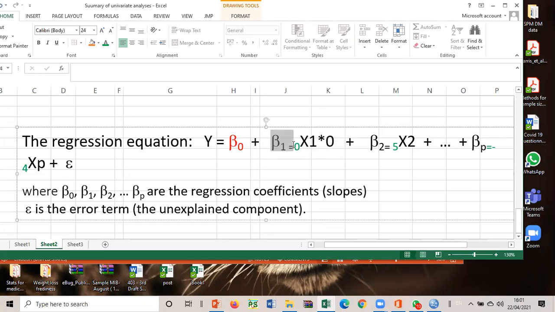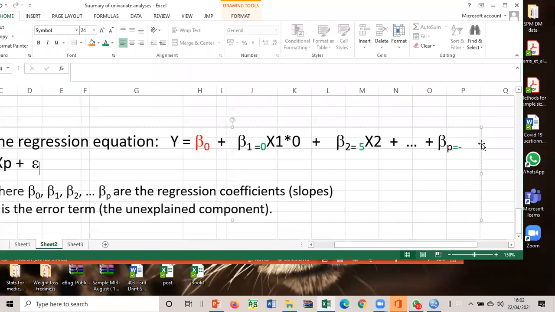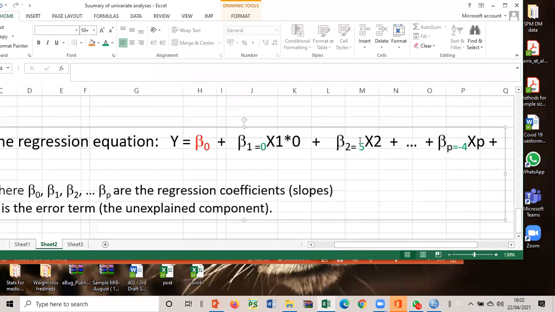Does y depend on x2? Yes. Positively or negatively? Positively. How much? For every unit increase, y is expected to increase by 5 units, not 5 times.